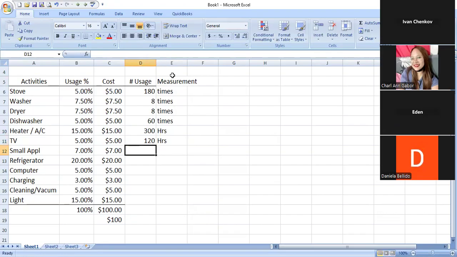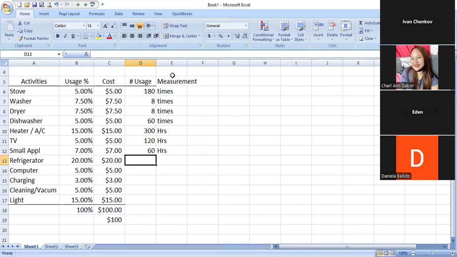Small appliances. How many hours per day are you using the small appliances? 1 hour. 1 hour times 60, that's 60 hours, right? Refrigerator. The refrigerator runs a lot, right?